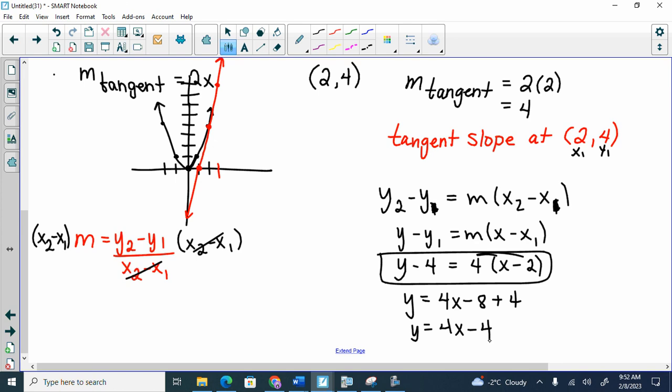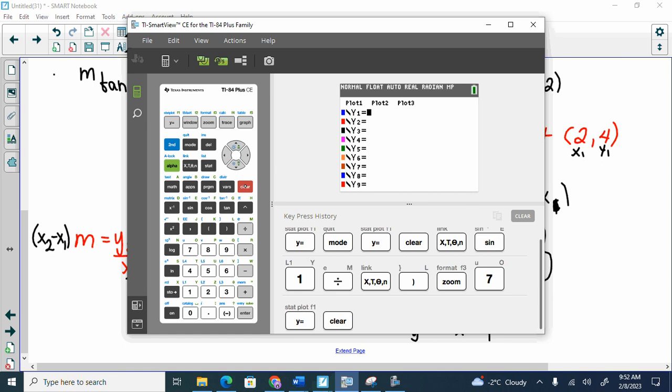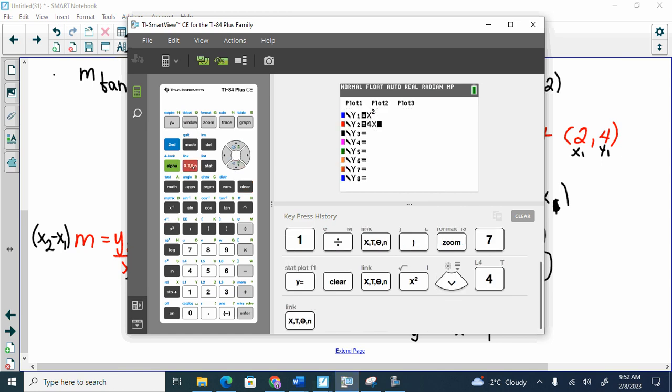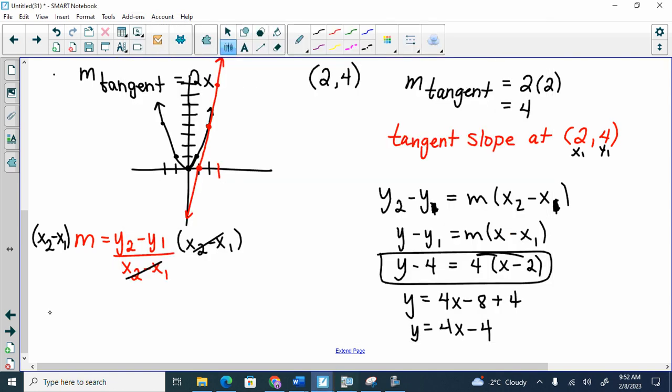Yes. Okay, cool. That shows it, so we know we're right. So that's if they ask me for the equation of a tangent, right? So both of these are equations of the tangent.